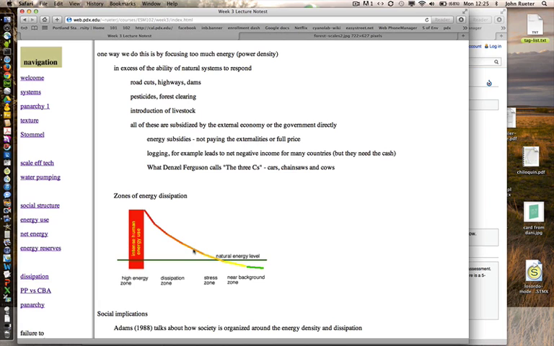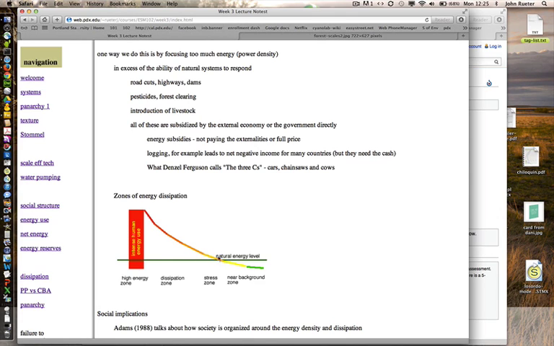So if you think about a road, we have high energy cars going by, using up a lot of energy, very high energy and power density. Then there's this dissipation zone. Anything that's in that area is going to get hit by a car or the road pollution.